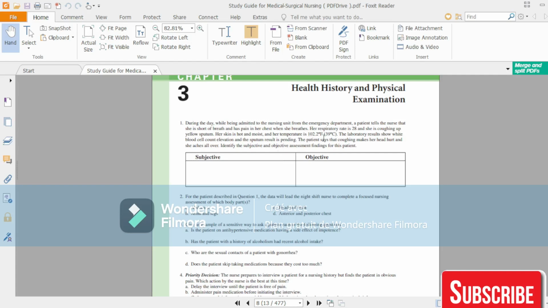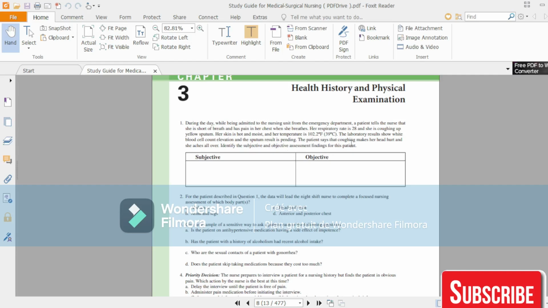Her respiratory rate is 28 and she is coughing up yellow sputum. Her skin is hot and moist, and her temperature is 102.2 F or 39 Celsius.